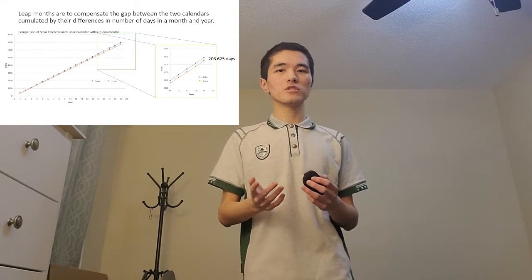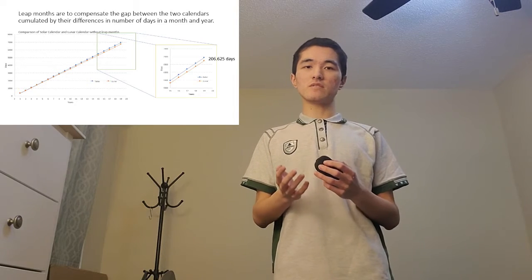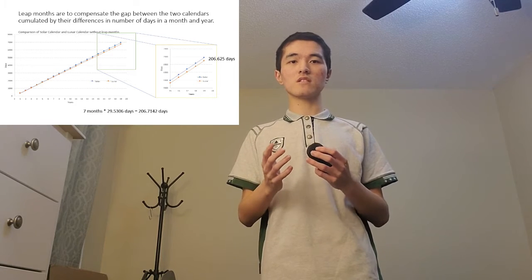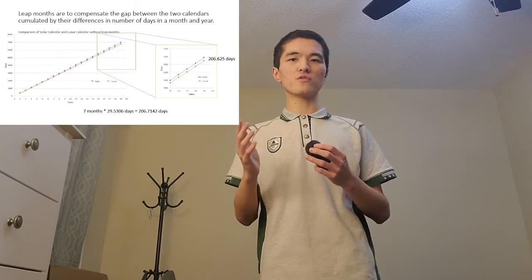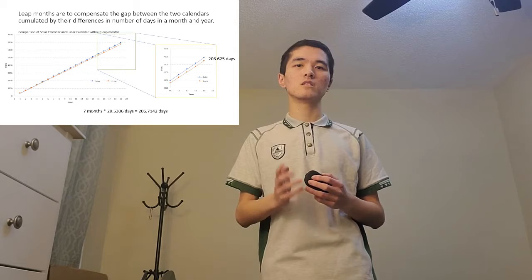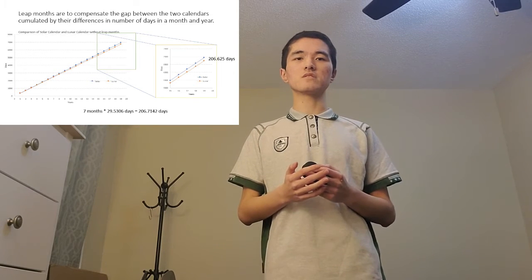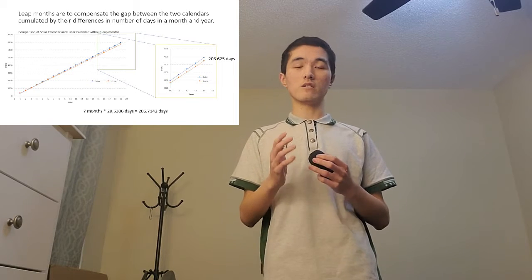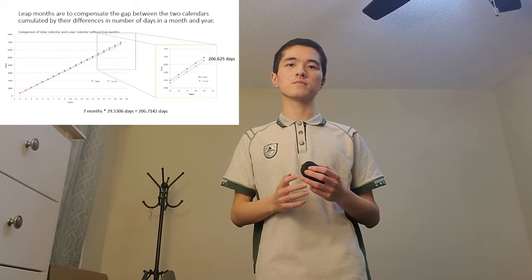Now, if you calculate the total days in 7 lunar months, we get 206.7 days, which is fairly close to the gap. Therefore, our ancestors invented the system of leap months by adding 7 leap months for every 19 years.